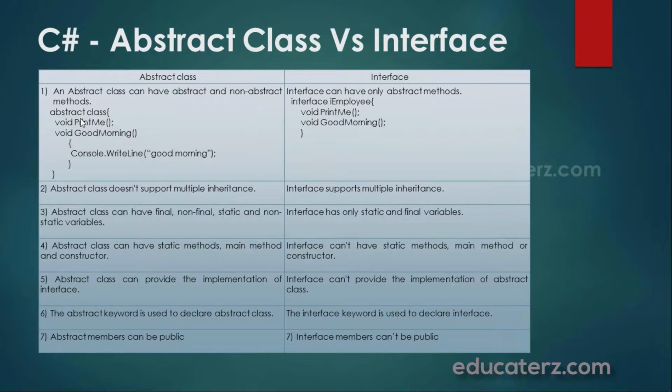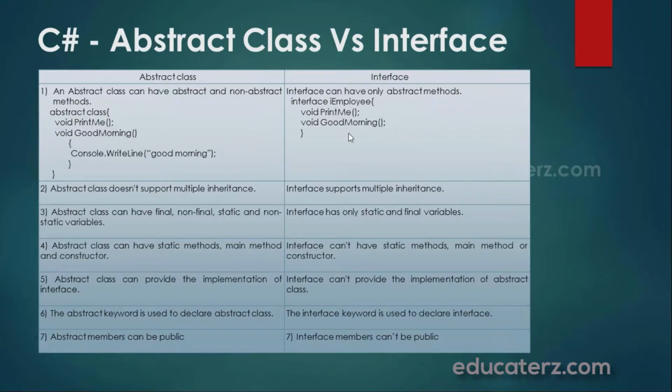Here, abstract class has the option of having abstract methods as well as non-abstract methods, whereas in an interface we cannot implement anything. We will be declaring a method name. We cannot give a definition for that method. Definition means this one, Console.WriteLine we have written, right? This is called definition. This is called declaration. So in an interface, only declarations of the methods will be there.